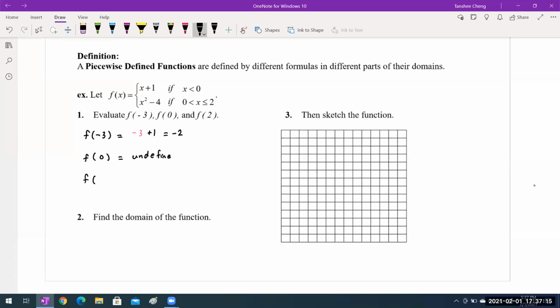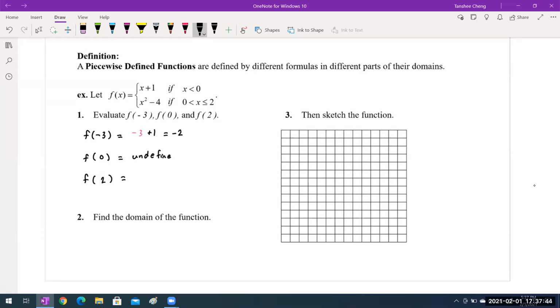And lastly, evaluating f of 2. You can see that the first formula is restricted to what? An x value that is less than 0. So 2 is not less than 0, so I cannot use the first formula. But I can use the second formula because the restricted domain is between 0 and 2, including 2.